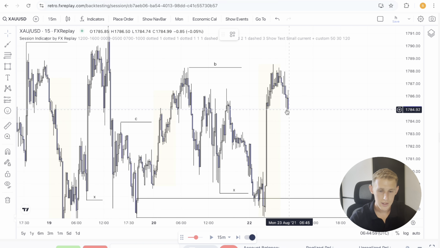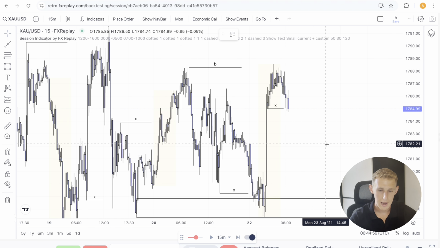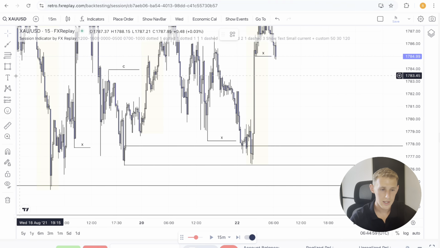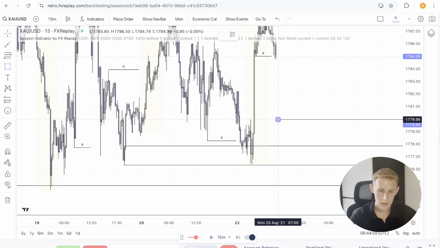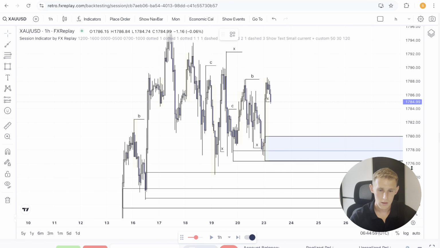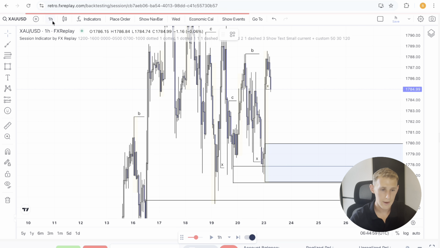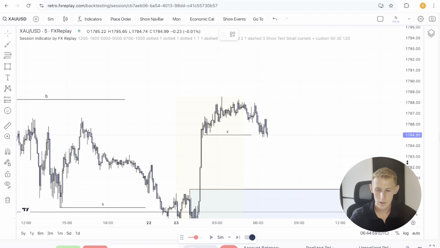So next thought is that we've swept this last bit of internal liquidity into this imbalance. So this is the next point of interest. If not, we have this demand down here. But yeah, if we could see price react from this area, that's fine as well.